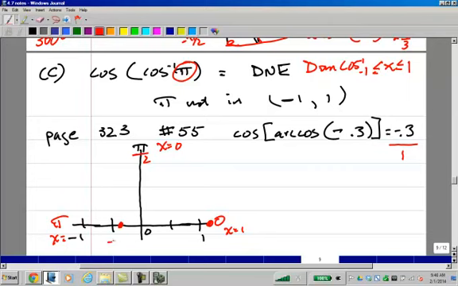So negative 0.3 would be right about here. This is adjacent over hypotenuse, or if you're on the unit circle, it's simply the x coordinate.